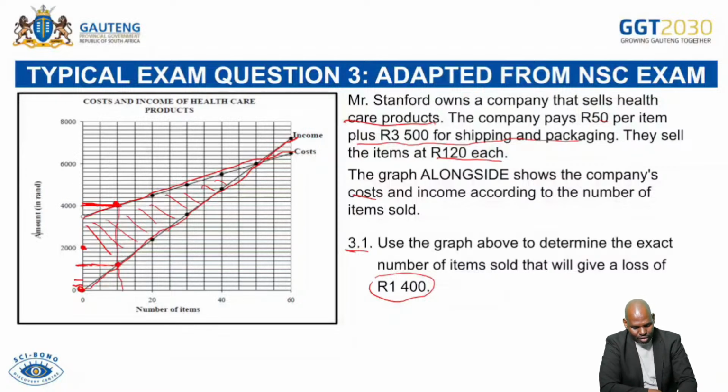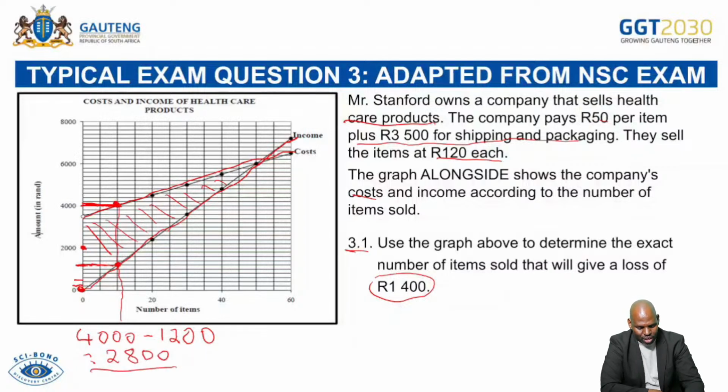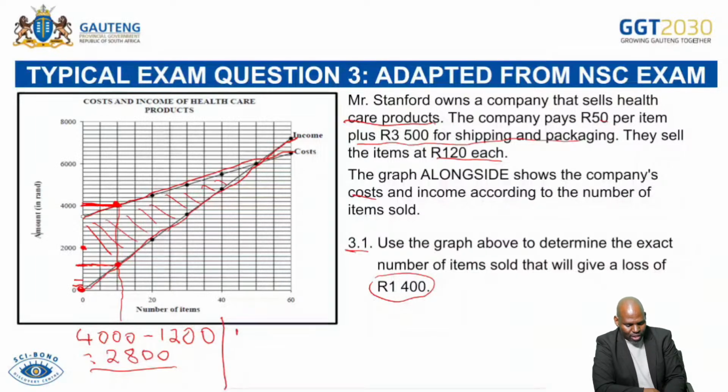So this one, it's 4,000 minus 1,200, then I get 2,800. So it means in this case, let me do it in this way: income minus expenses.